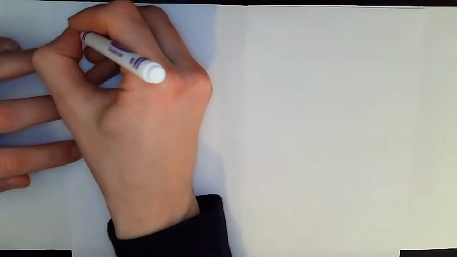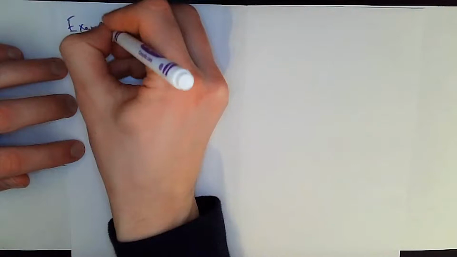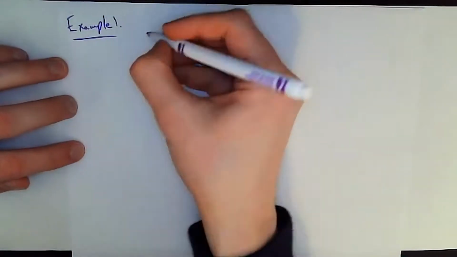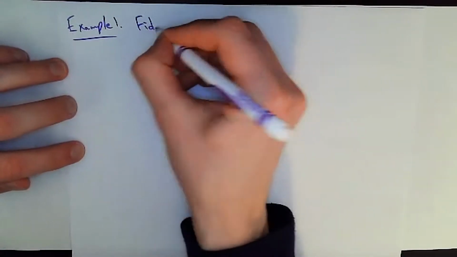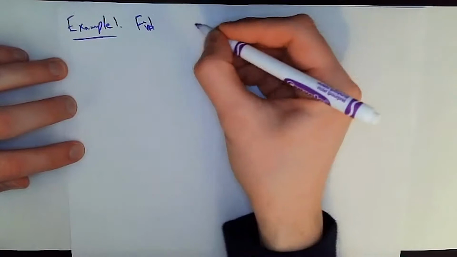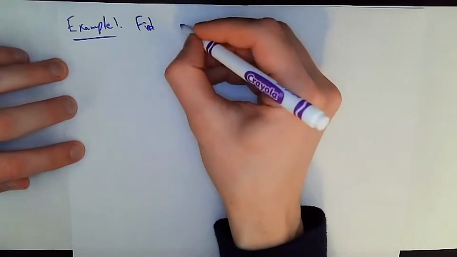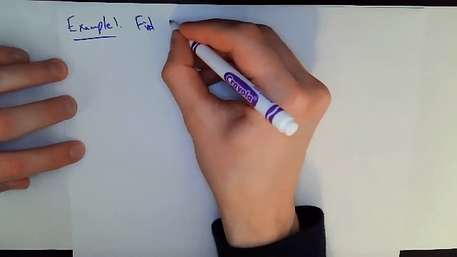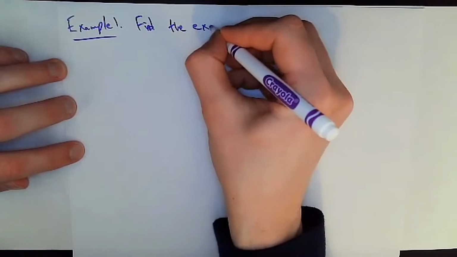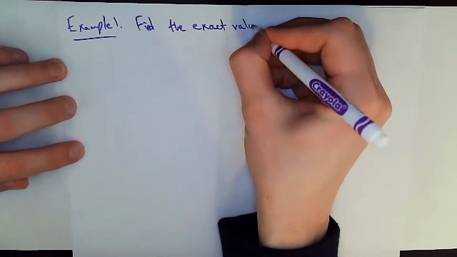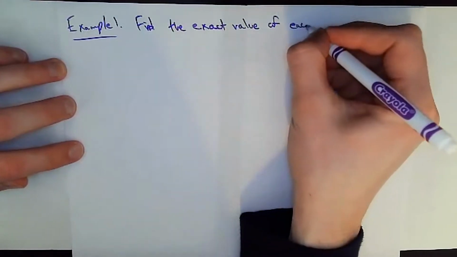I'm also probably going to do some homework problems that I assigned in WebAssign, because I gave a lot of these addition and subtraction formula problems. Find the exact value of each expression.